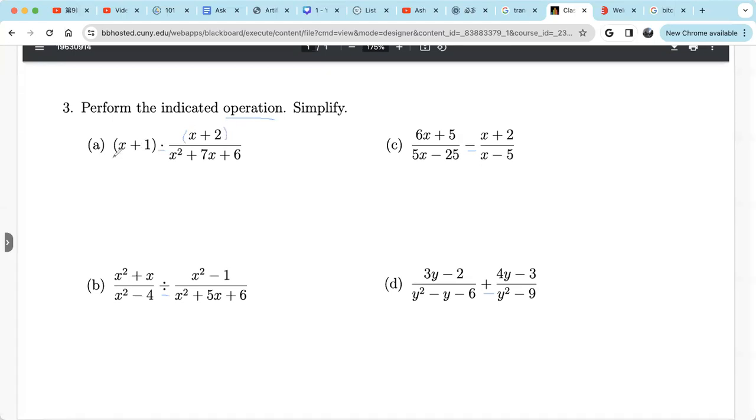x plus 1 is the numerator, right? Because the denominator is 1. So in the numerator, we have x plus 1 times x plus 2.